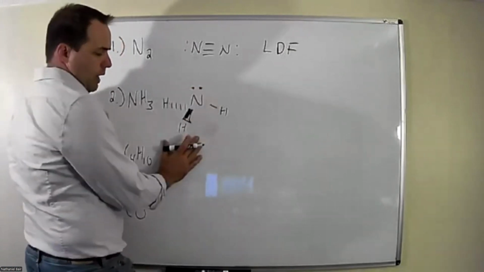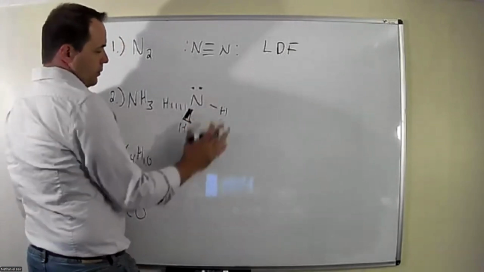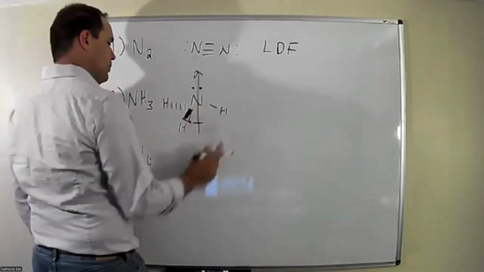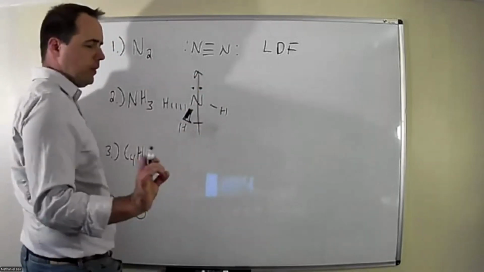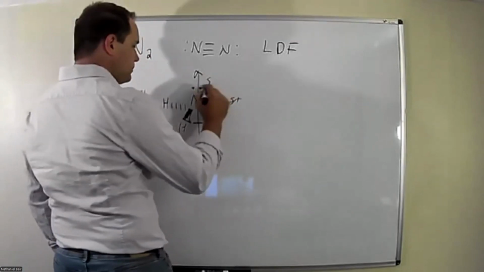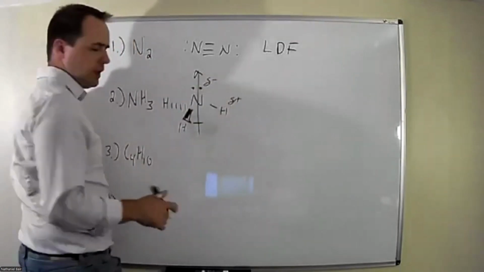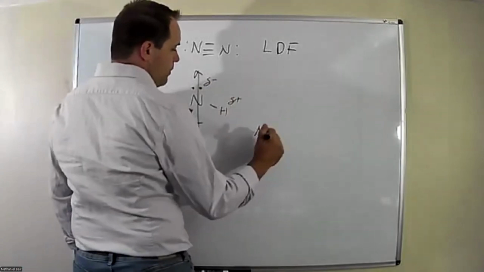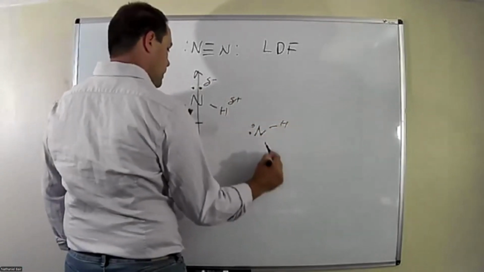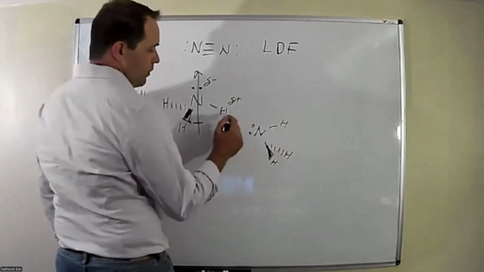That's a polar molecule. Why is it polar? Nitrogen is more electronegative than hydrogen. We got a dipole moment going right up through the base of the trigonal pyramid molecular geometry. The hydrogen is delta plus, the nitrogen delta minus. What's that going to do? Well, we can have a neighboring ammonia molecule over here that it is going to interact with.